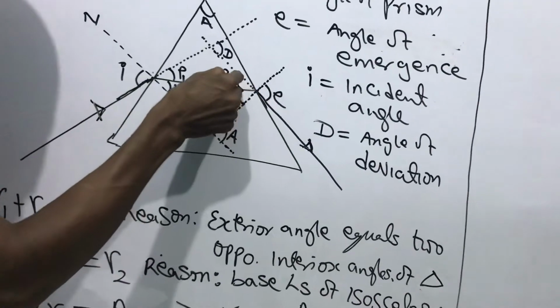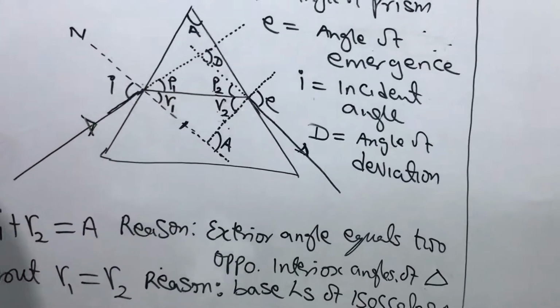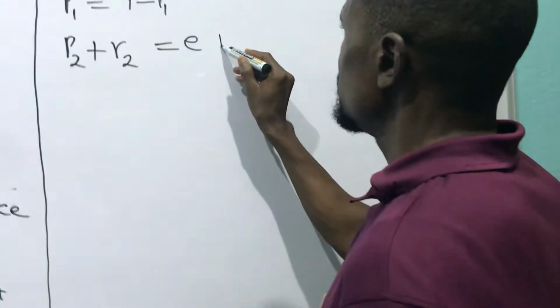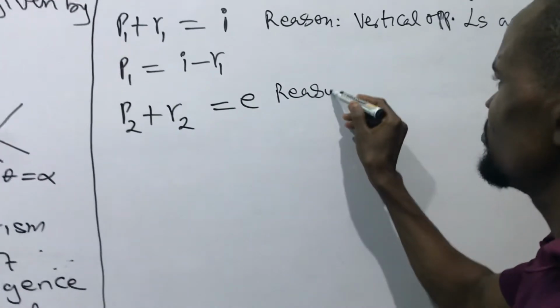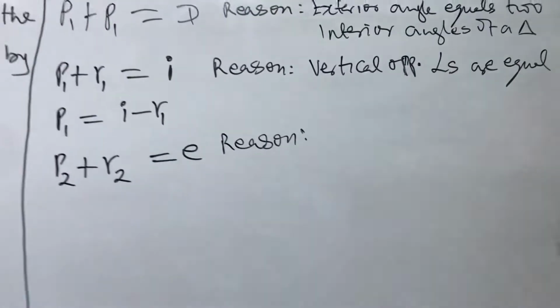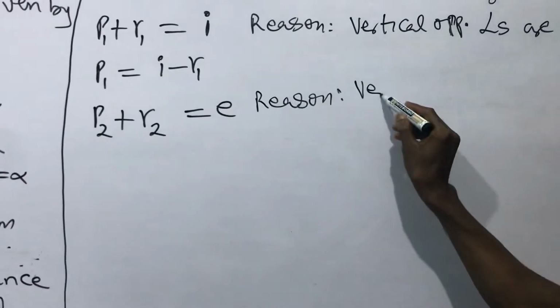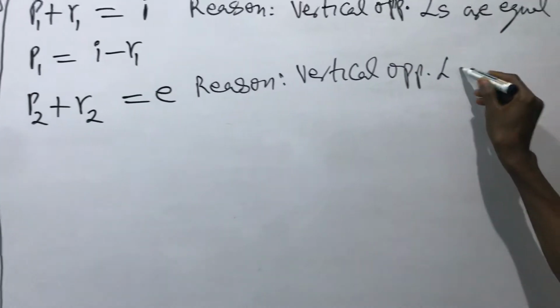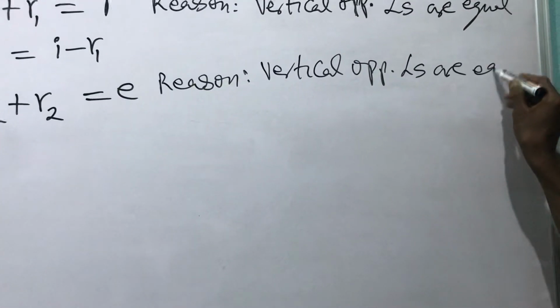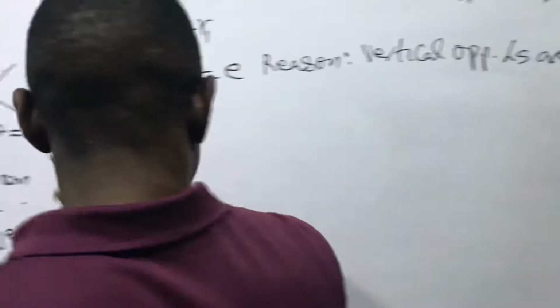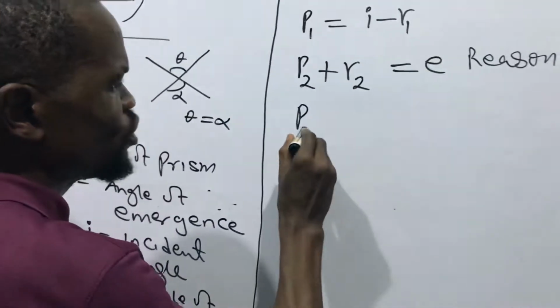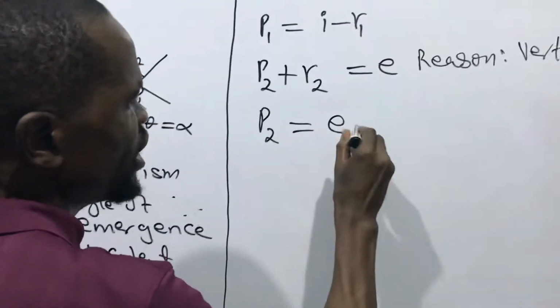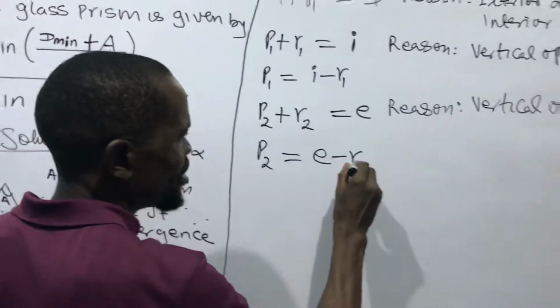This angle is equal to this plus this. Vertical opposite angles are equal. Because each statement you have to put the reason. Reason, vertical opposite angles are equal. That's what we mean by that. Then from here, I can say P2 is equal to E minus R2.